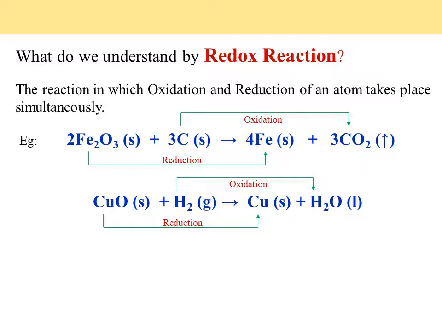Now, with the first definition, some of you may have the conception that one particular atom only will undergo oxidation while parallelly undergoing reduction. No, there has to be a minimum of two components, or there are also procedures where one component is on the one side being oxidized and on the other side getting reduced.